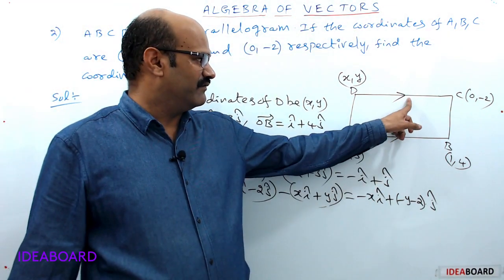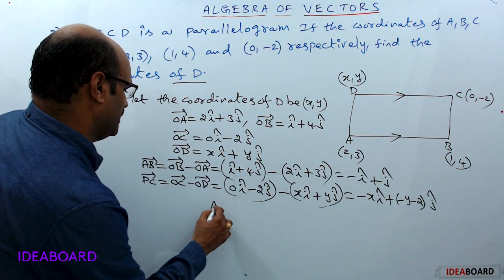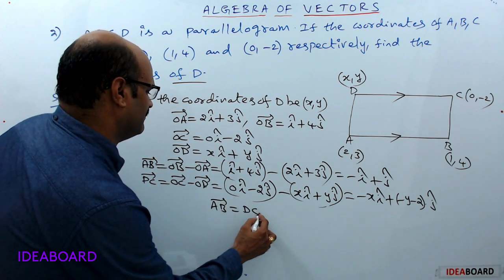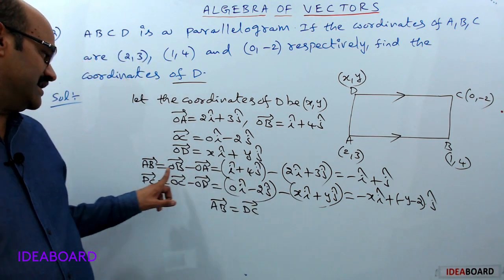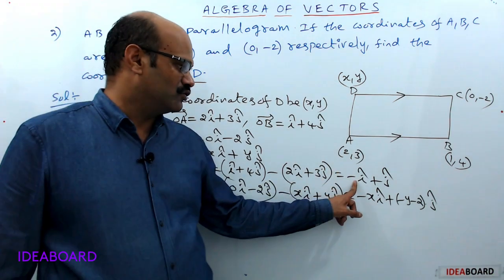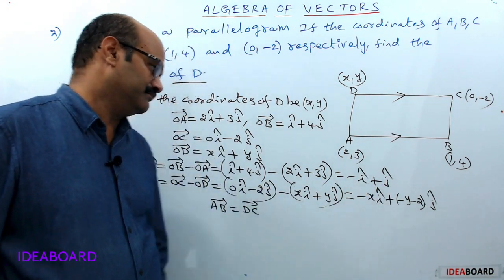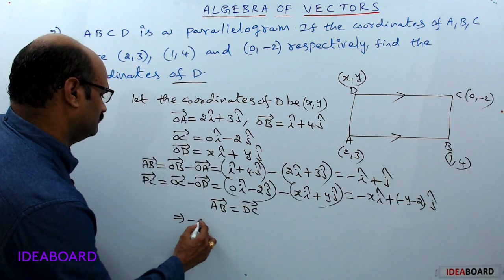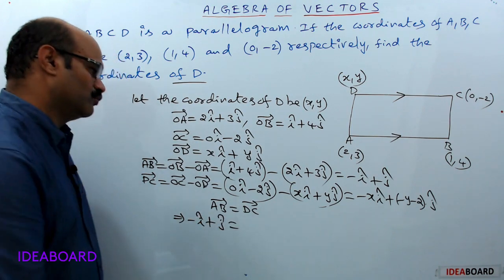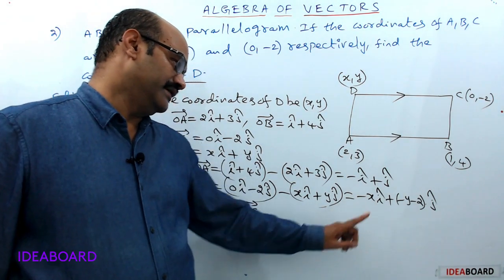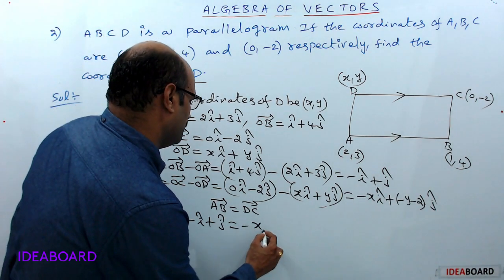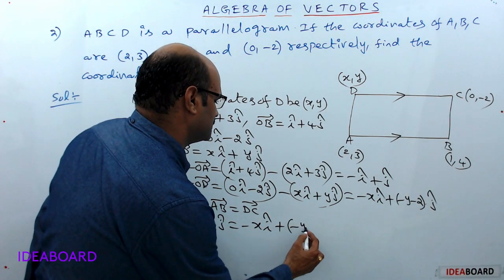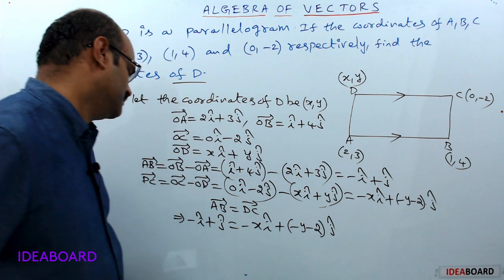Since these two are equal vectors, we can take AB vector equal to DC vector. It implies AB vector is equal to minus i cap plus j cap, equal to DC vector equal to minus x into i cap minus y minus 2 into j cap.